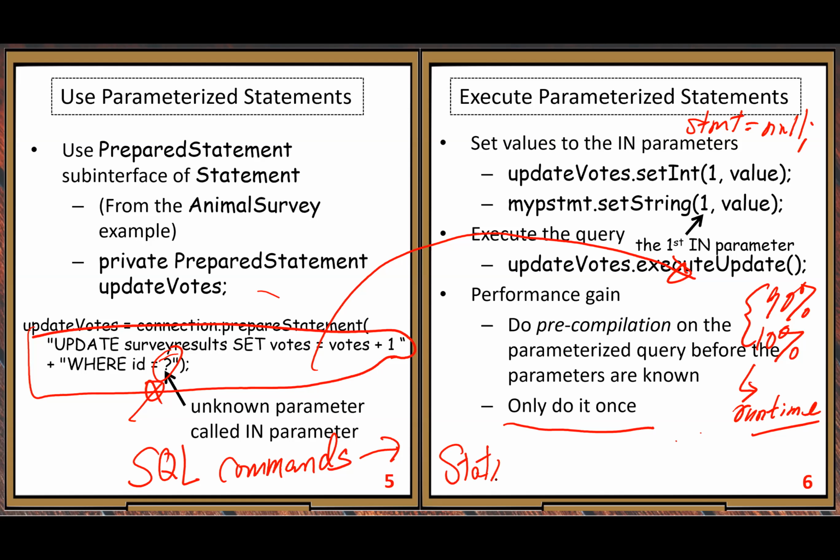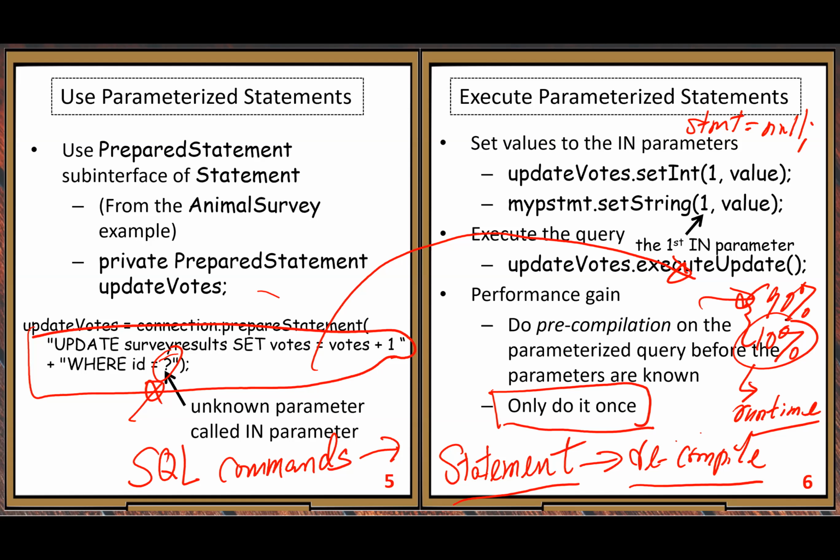Every time you get a different SQL query, you need to recompile it. But this way, you compile that 90% only once. The 10% you still need to complete, but for the 90% you do not need to recompile, so it saves a lot of time in the DBMS.